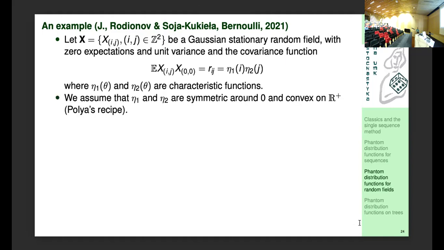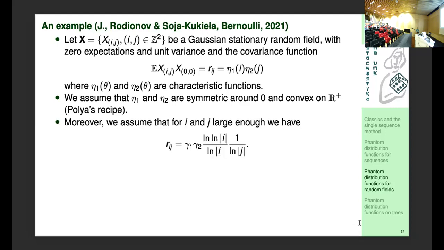We assume that eta 1 and eta 2 are symmetric around 0 and convex, so we can apply the well-known Polya recipe to construct them. Then we assume that for i and j large enough the covariance function is of this form. Clearly, the reason for i and j large enough is that this has no sense for small i and j, so we have to extend it using the Polya recipe to get such a function.